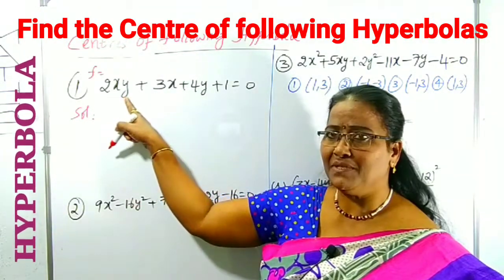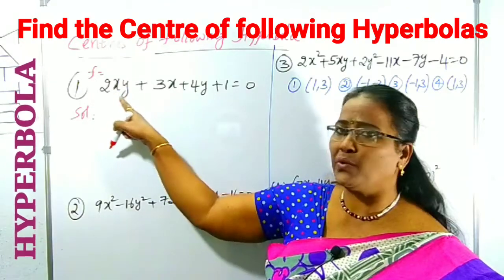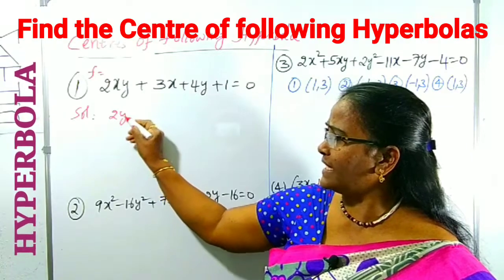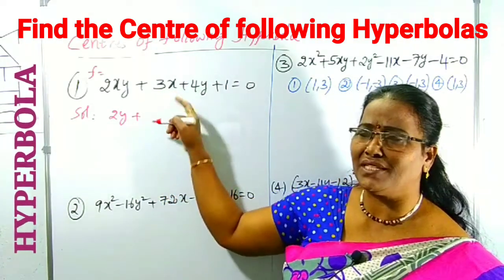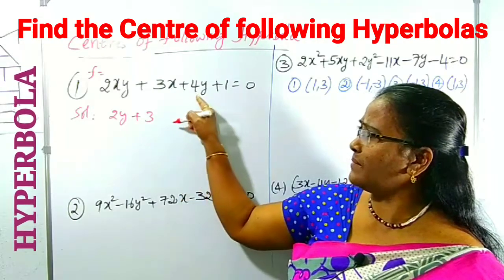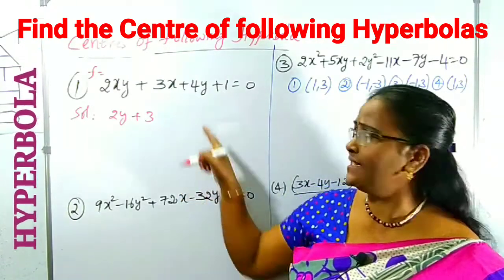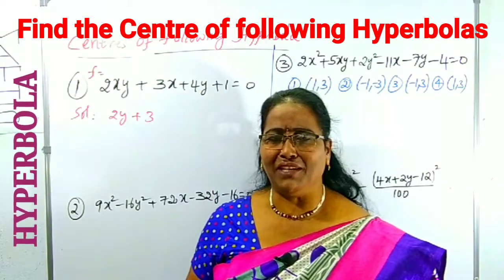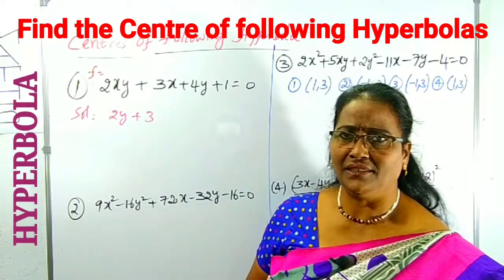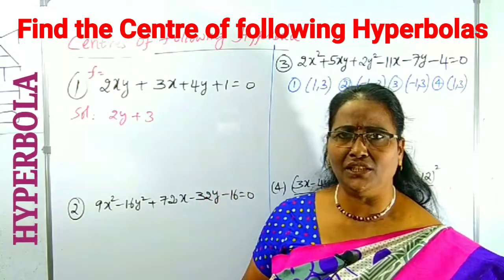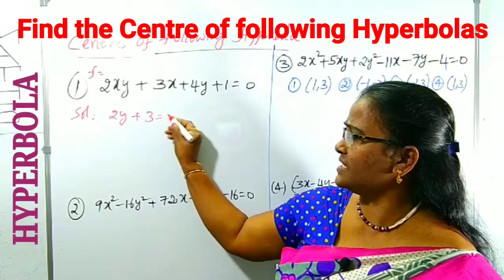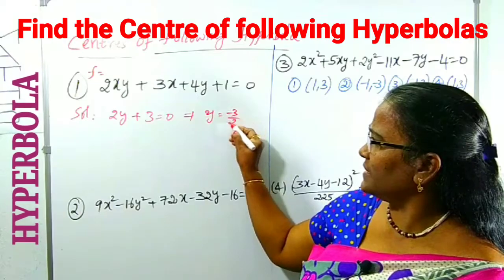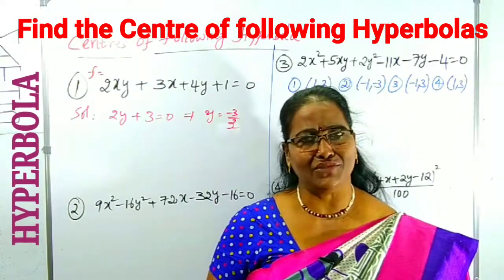The first term is 2xy: here 2y is constant, the derivative of x is 1, so we get 2y. The second term 3x has derivative 3, and the remaining two terms are constants, since y is constant and 1 itself is constant. Their derivatives are zero. So we set this equal to 0 and get y equals minus 3 by 2. This is simply the y coordinate of the center.